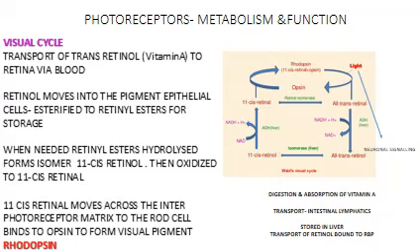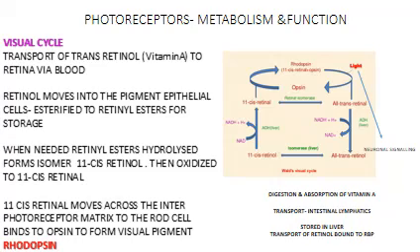So it then gets converted to all trans retinol with the help of alcohol dehydrogenase in the liver, and it is reduced with the help of the coenzyme NADH, which then gets converted to NAD.